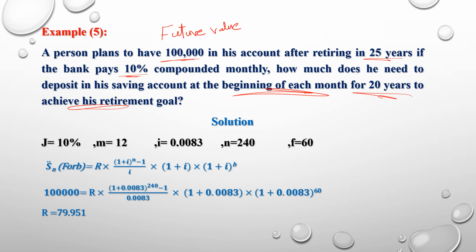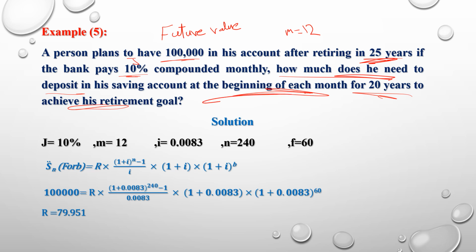This is after 25 years, so the whole period equals 25 years. The bank pays 10%, so this is J, which is compounded monthly, so I equals J over M, and M equals 12. The question here is how much does he need to deposit in his saving account at the beginning of each month.